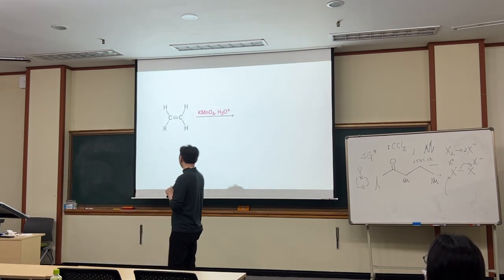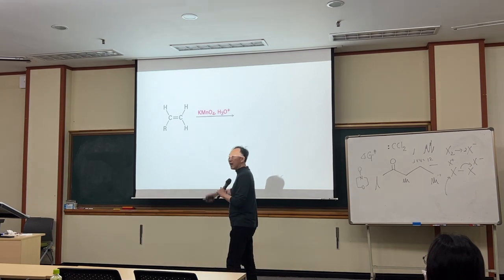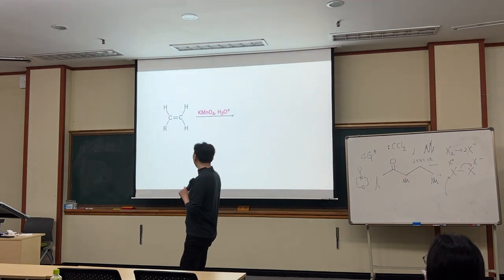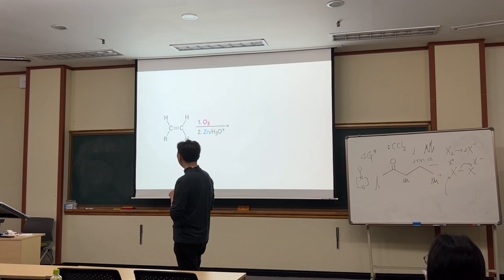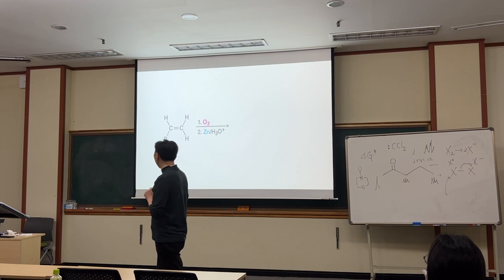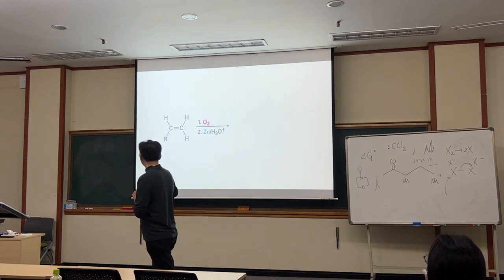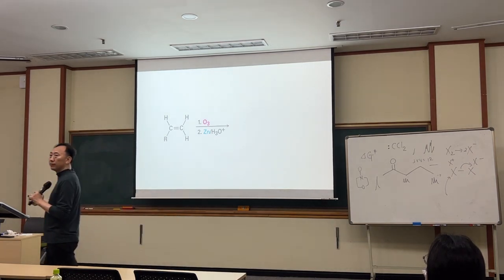But if there is a chance to generate an aldehyde, oxidative cleavage generates a fully oxidized acid and CO2. If you want to stop at an aldehyde here and formaldehyde here, then your option is ozonolysis and reductive workup. Then you can get an aldehyde here and an aldehyde here.